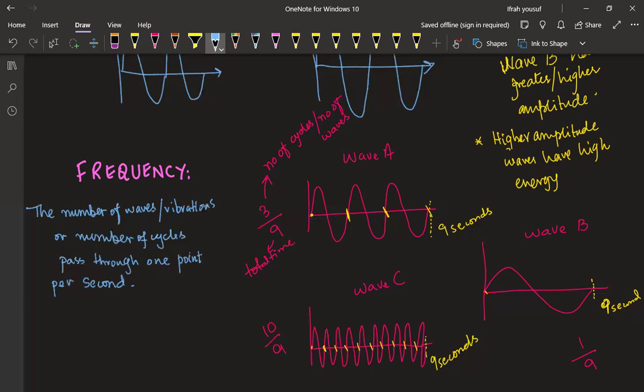Clear? The number of waves or vibrations or cycles pass through one point in 1 second.